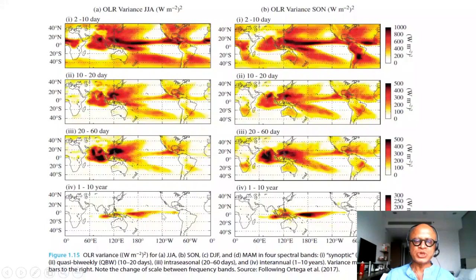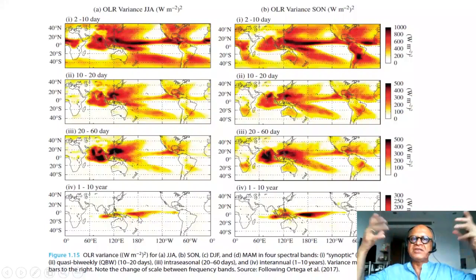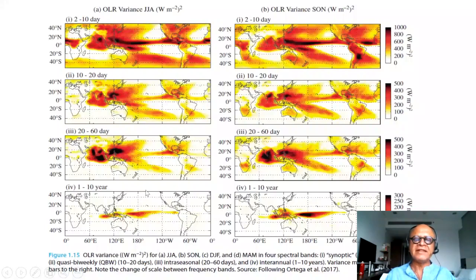So the Indian Ocean interacts with the Pacific Ocean, the Atlantic Ocean interacts with the Pacific Ocean, and the Pacific Ocean, which is like a monster with this huge rainfall, because the heat source, condensation heating, can drive global circulation, tends to impact the Indian and Atlantic Oceans as well, and there are tropical extratropical interactions going on as well.